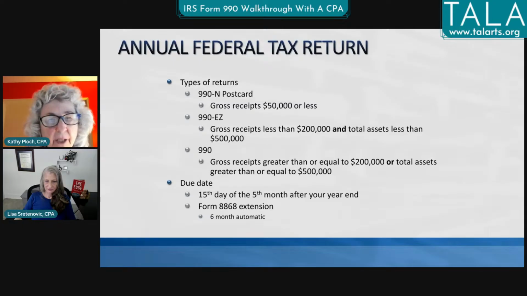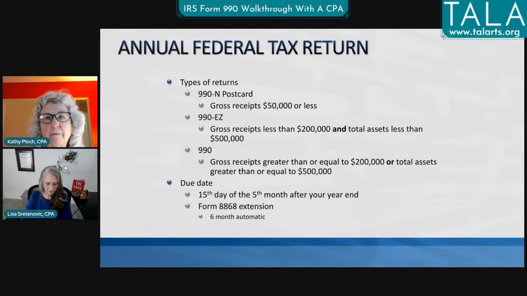So the next report that's due is the 990EZ. Now, that's probably what we're going to talk about. Most people probably, especially if you've been at least established a little bit. That's where you have gross receipts that are less than $200,000, and total assets must be less than $500,000.